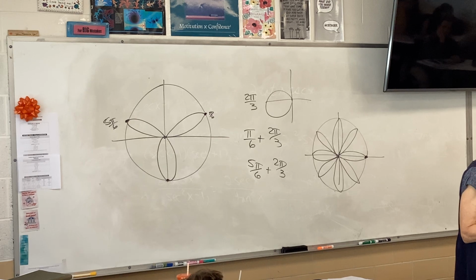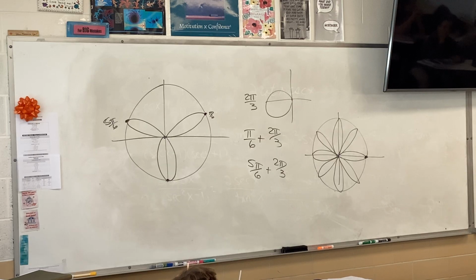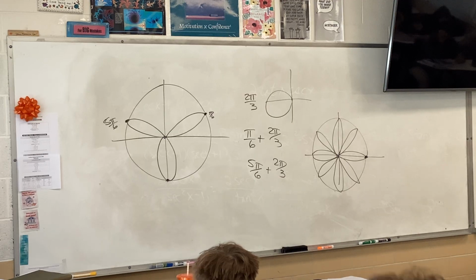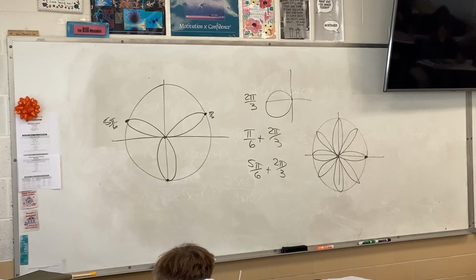Declan? So some of them have a loop on the inside, and some of them don't. So which ones have the loop? The first and the last? Okay, now, the other two did not have a loop.